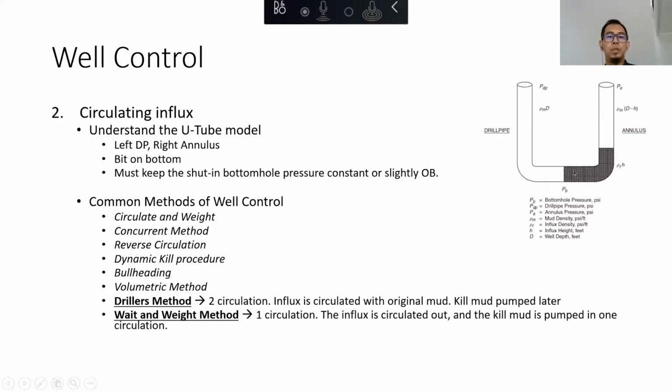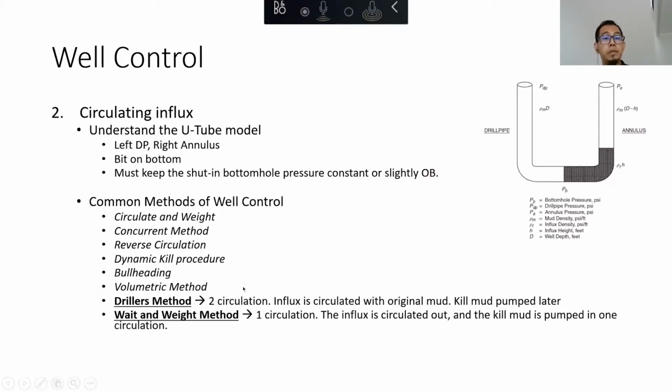So we need to maintain or try to reach where the bottom hole pressure is constant. Constant meaning it's similar to the condition where the well is not in an influx or kick condition. Or even better, if you can go slightly overbalanced. So that's the target.